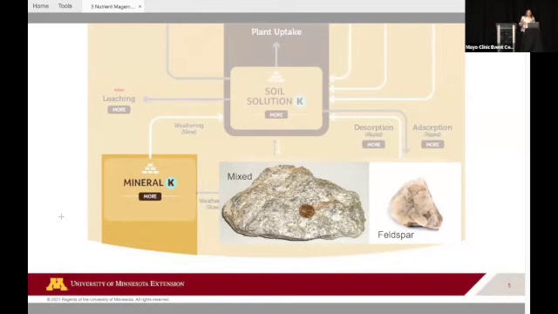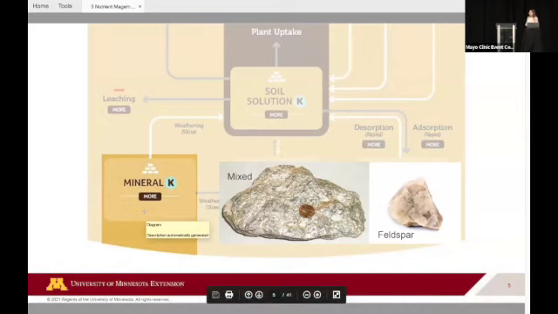These minerals don't exist alone as one single mineral type. Many of them are mixed, conglomerated all together in the soil, and we're trying to look at how the different relative amounts of those mineral types impact potassium. So the mineral fraction is not readily available.